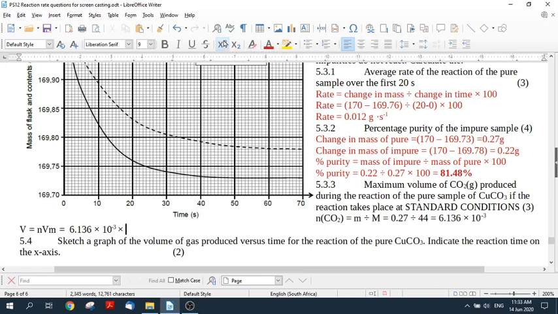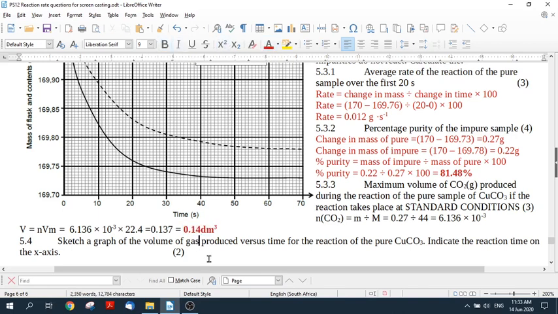And we're going to multiply it by the molar gas volume, which is 22.4, which you will get on your data sheet if you know where to look. And you end up with 0.137, which is equal to 0.14 cubic decimeters. No unit, no mark. Okay, so that's how you work out how much gas is produced.